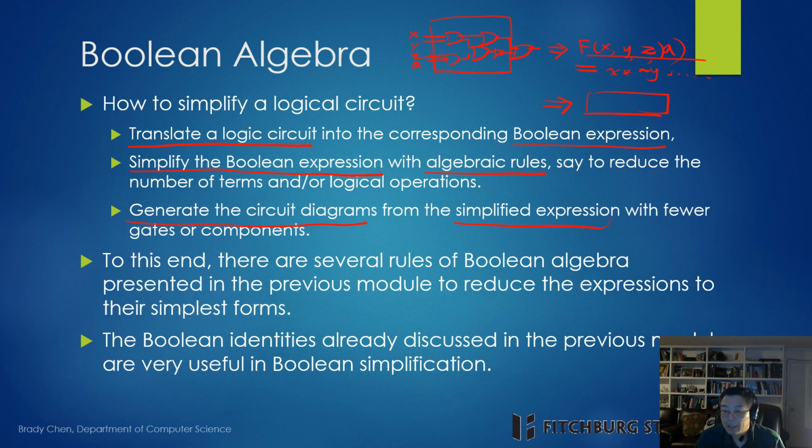There are so many of these Boolean identities. So we can use the identities discussed in the previous module to perform this simplification.